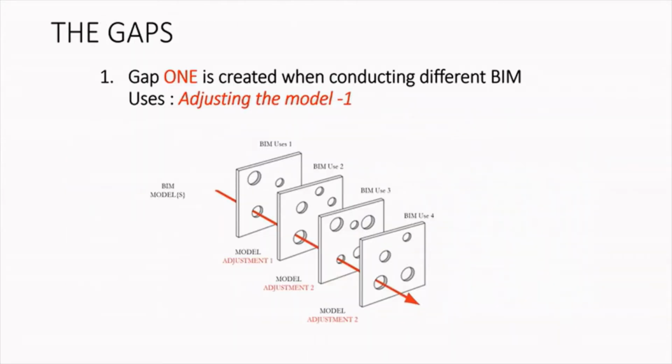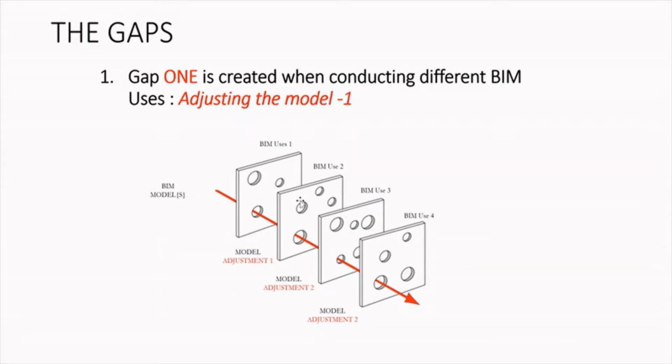These gaps are broken down into two. The first gap is created when conducting different BIM uses. I'll give an example. Let's say we have BIM use number 1, which is design authoring. Now you want to do another BIM use, which is energy analysis, BIM use 2. If you want to do energy analysis, you have to do some model adjustments somewhere here.